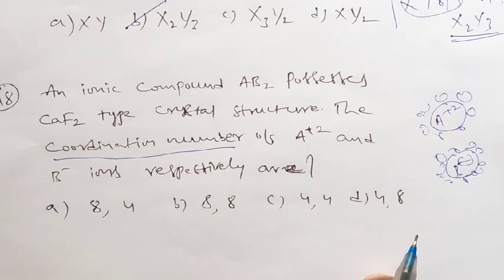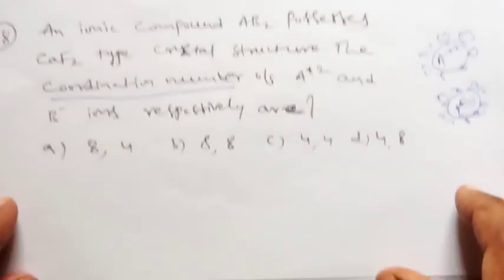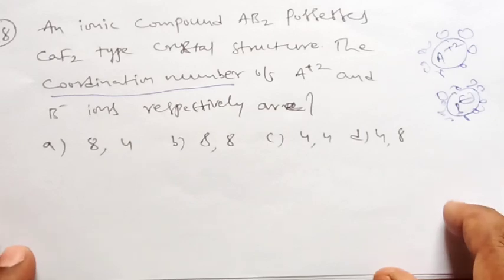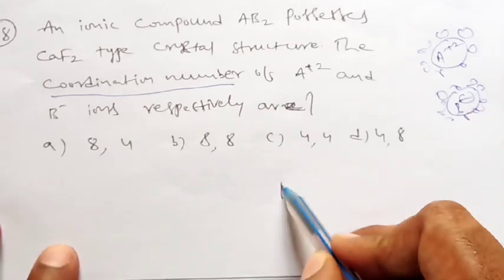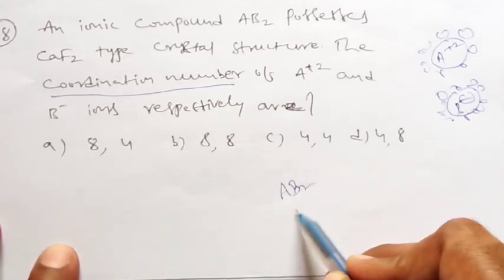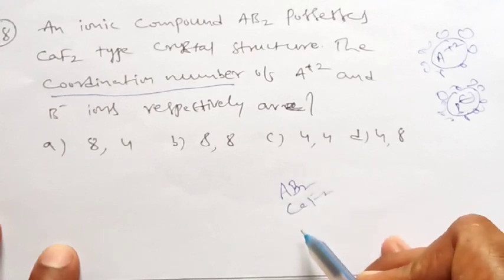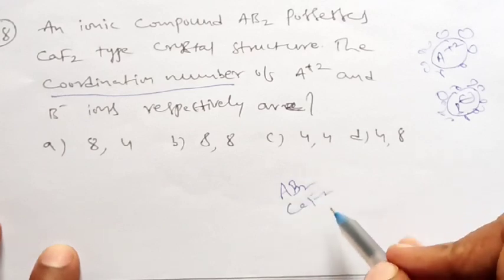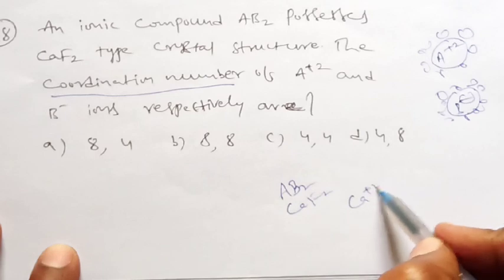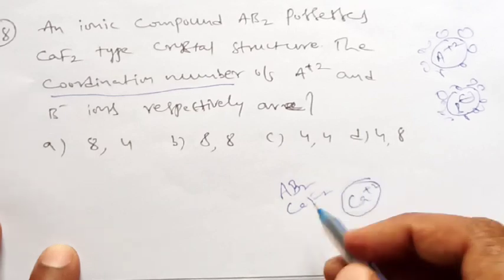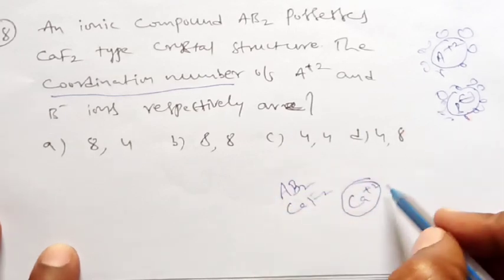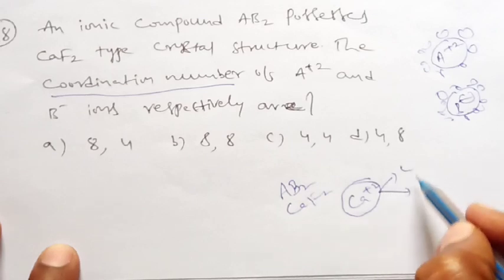You know that in the fluorite structure it is very clear. Some important points I shall remind you here. First of all, fluorite is AB2 type, and the example is CaF2. If you observe its packing, Ca2+ ions occupy the corners and faces.